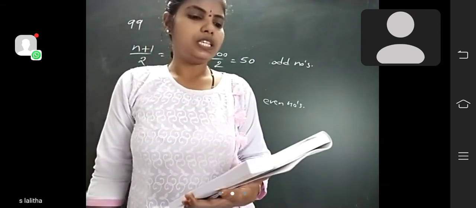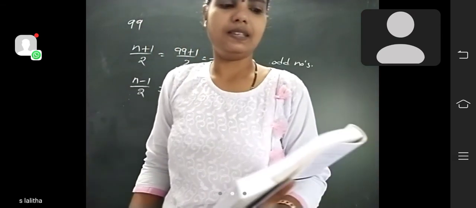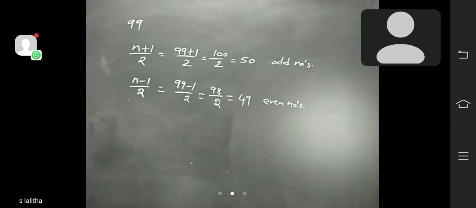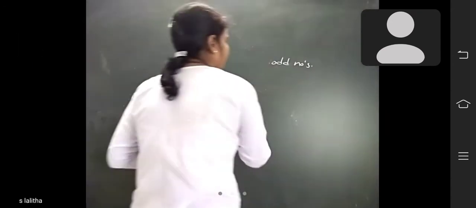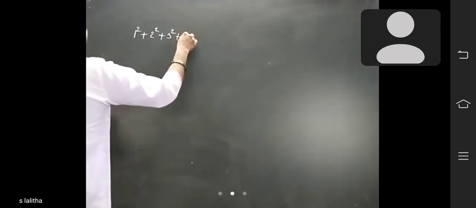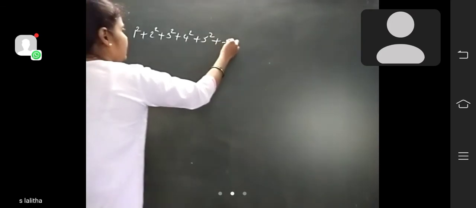Next, the sum of squares of the first n natural numbers. That means 1 square, 2 square, 3 square, 4 square, plus 5 square, plus so on.